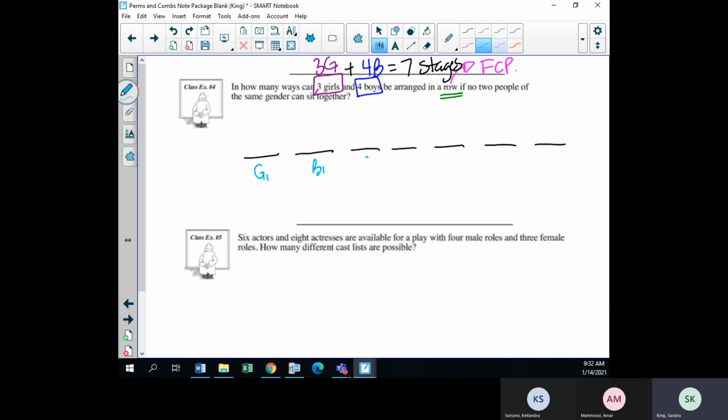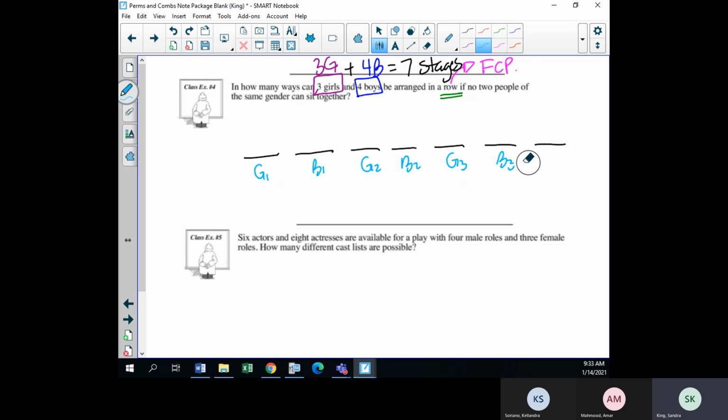Girl 1, boy 1, girl 2, boy 2, girl 3, boy 3, girl 4. Did I do it right or wrong? I did it wrong, right? The reason why I did this wrong is because, Haley, how many girls can there be? 3. And if I set it up with a girl first, I got 4 girls.